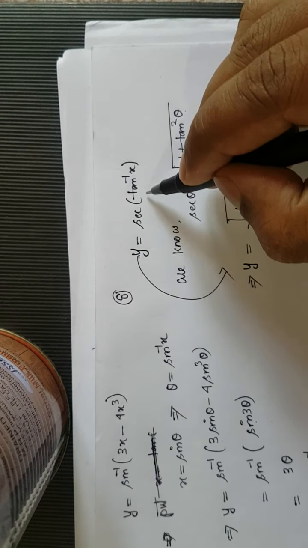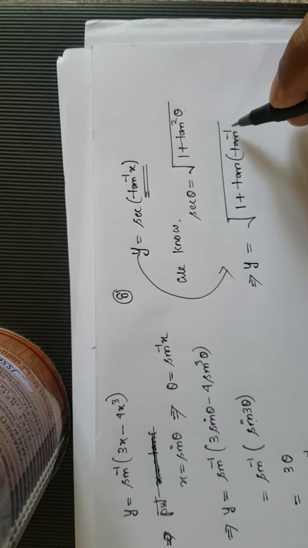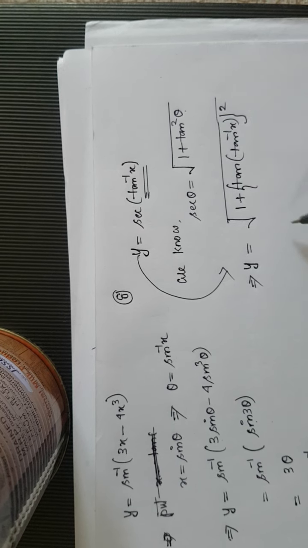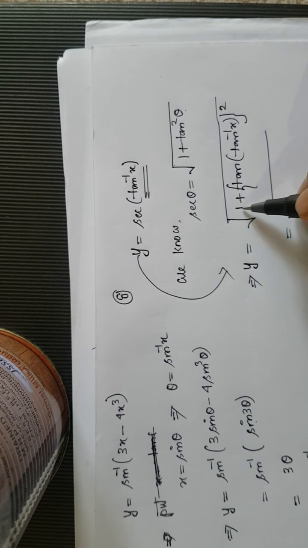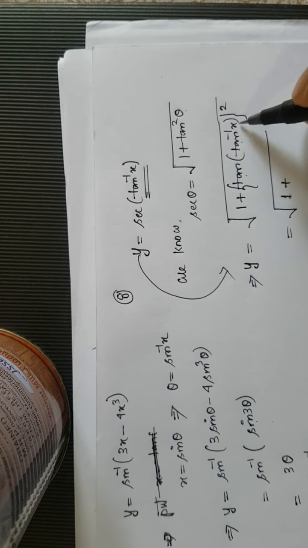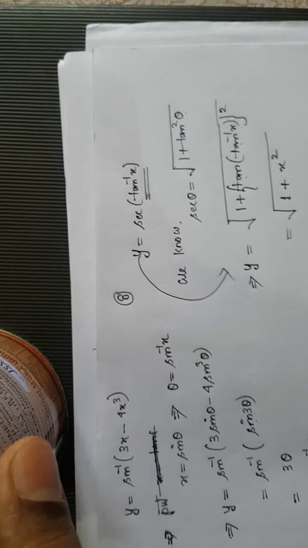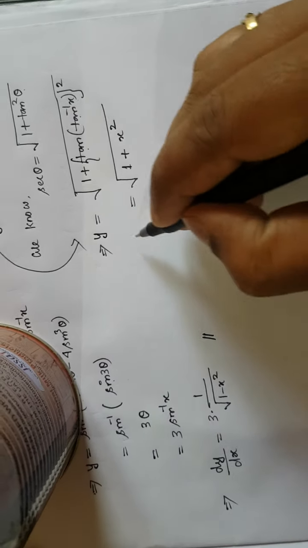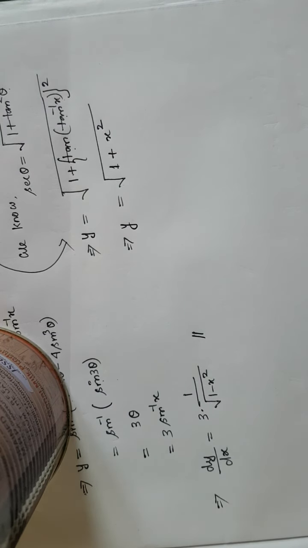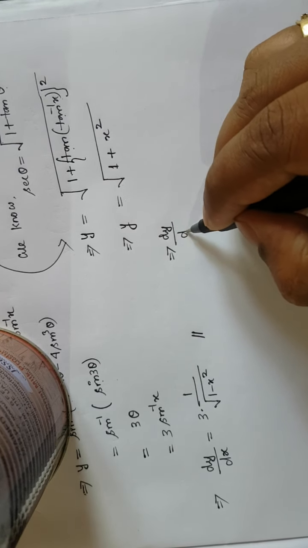Your theta is tan inverse of x. Then whole square, it becomes 1 plus x square, as tan inverse cancels. Now this is a function of x, an algebraic function. Differentiate dy by dx.